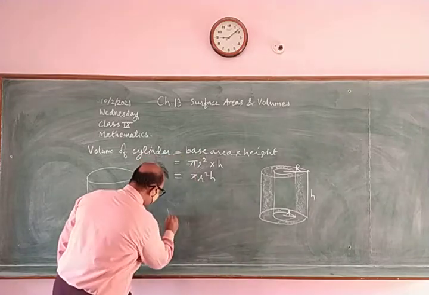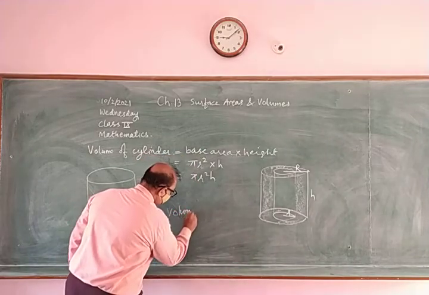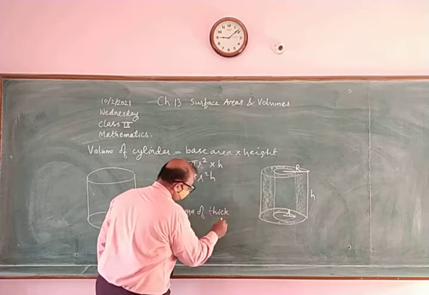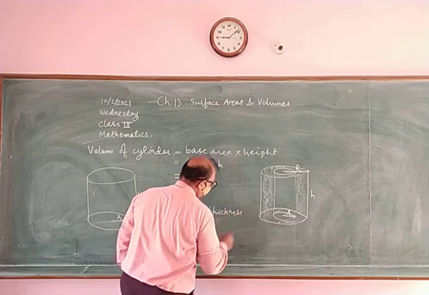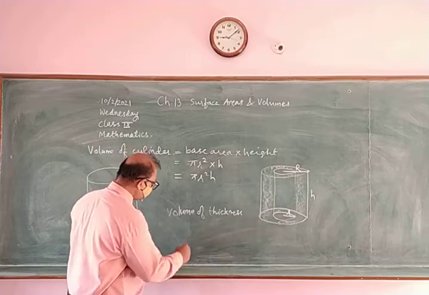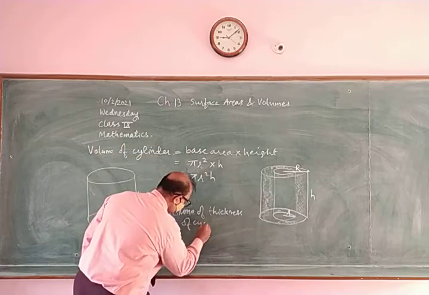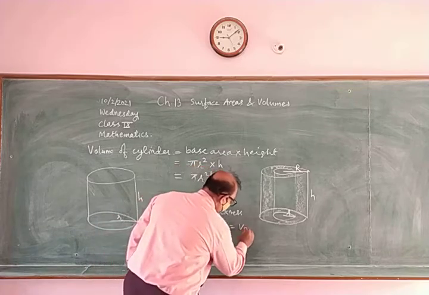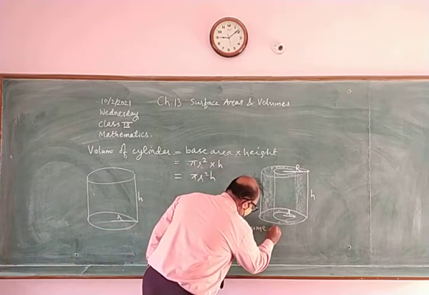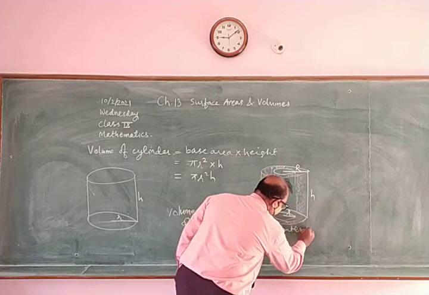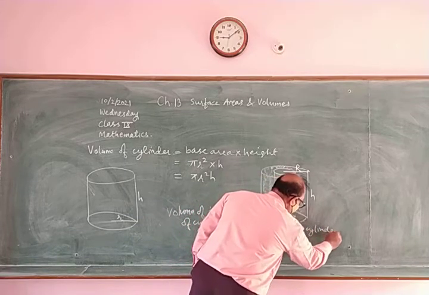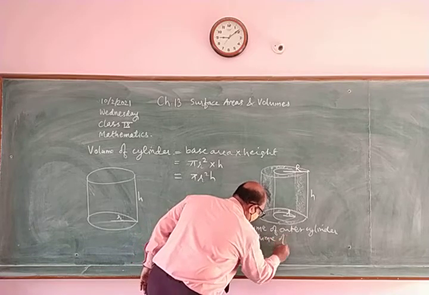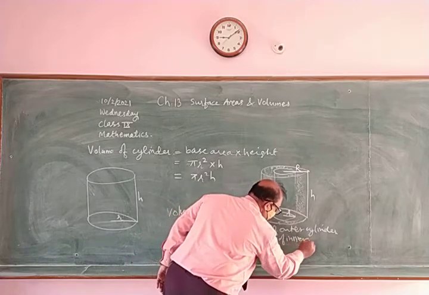So volume of thickness of cylinder is equal to volume of outer cylinder minus volume of inner cylinder.